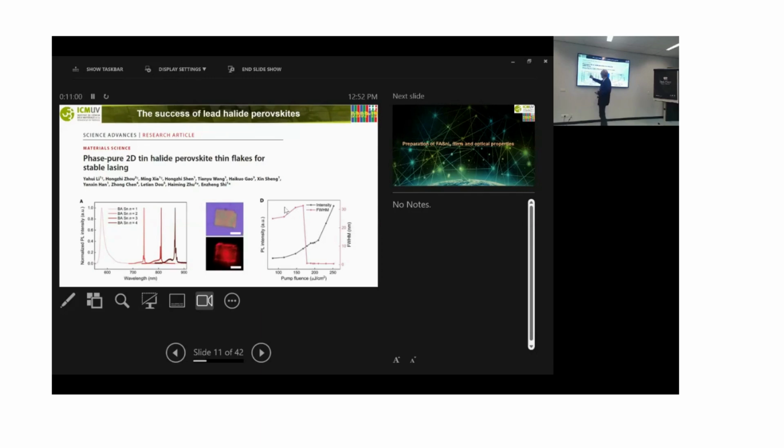So here, this is the phase purely two-dimensional, where the lead iodide cage is totally isolated. Here there are two lead iodide cages, 3 and 4. Particularly, this material was synthesized as microplates.